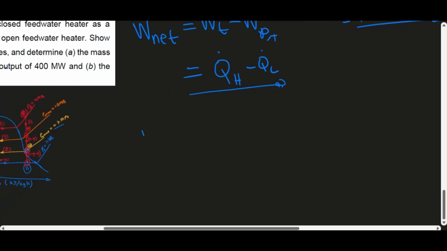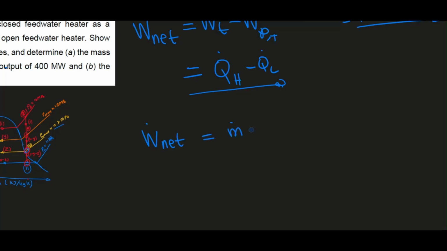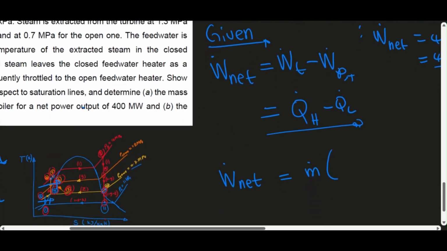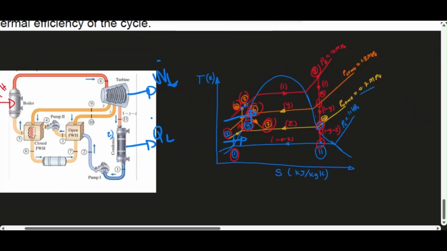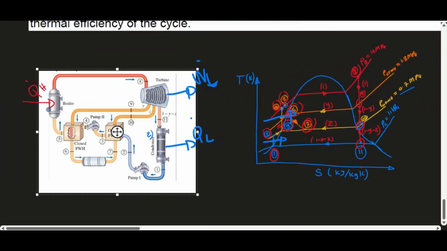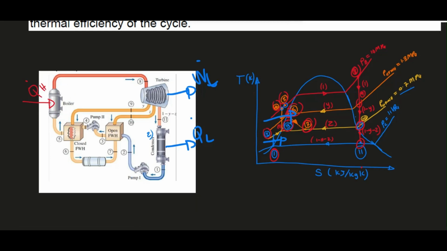So I can write that as work net is equal to m dot multiplied by, okay, let's work with just heat in and heat out. So heat that is coming into the boiler will be equal to H8 minus H5. That's what's across the boiler, H8 and H5.